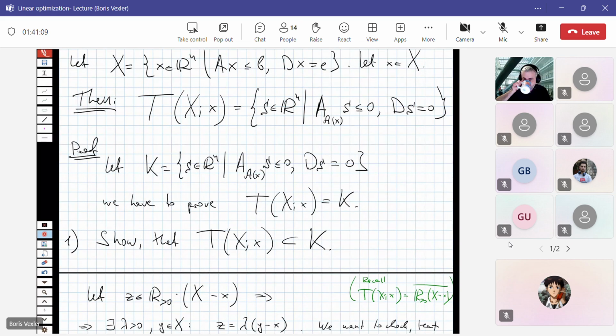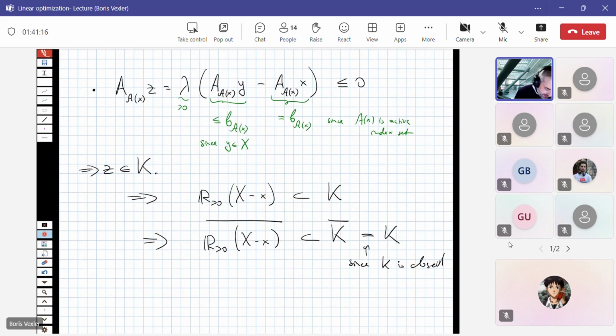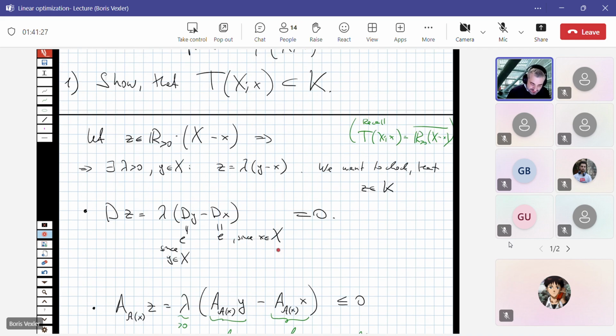Okay, clear? Yes, thank you. And this is our T, and therefore we checked that T is a subset of K. Again, we checked this.